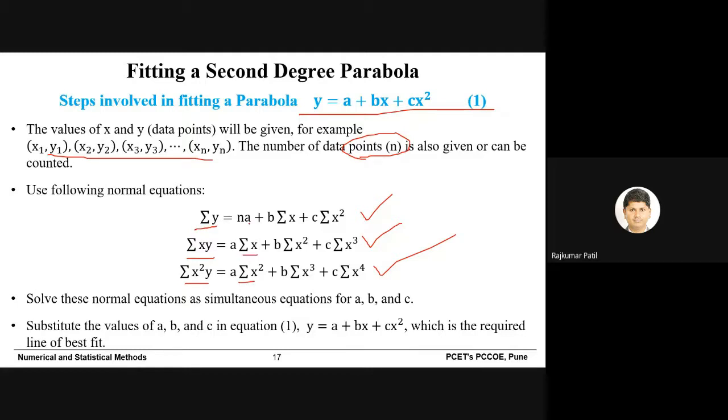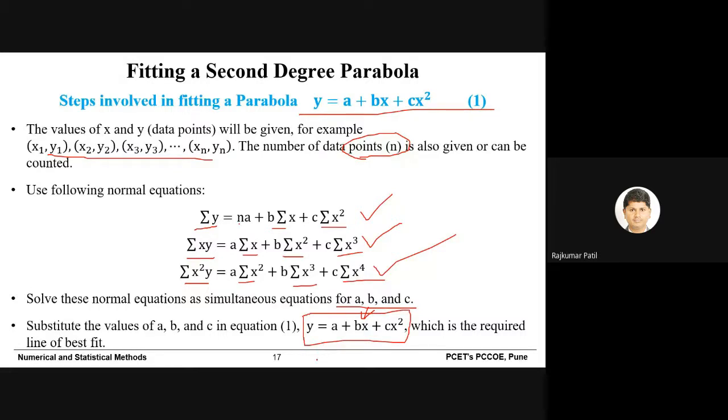Once you calculate those values, you will get three equations and three unknowns. So that will be a simultaneous equations. So solve this simultaneous equation by using any suitable method. You will get value of a, b and c. Put back those values in equation number 1 and you will get required values.